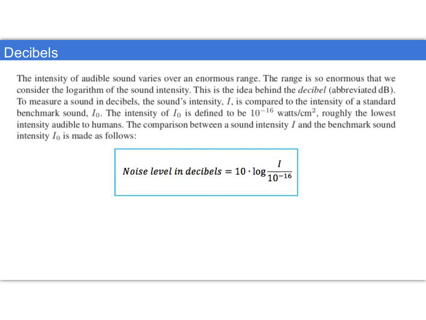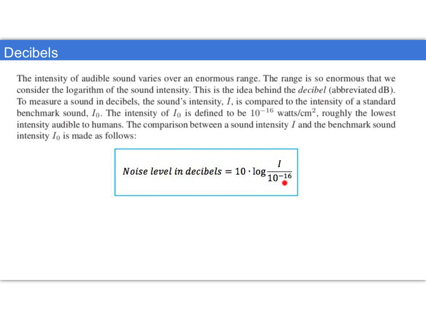So the comparison between a sound intensity I and the benchmark sound intensity I sub 0 is made by saying that the noise level in decibels is equal to 10 times the log of the ratio. Remember the log of this sort of ratio, where the larger or louder thing is on top, because 10 to the negative 16 is kind of like the lowest audible sound, so the sound intensity I that you're looking at is going to be the louder sound.